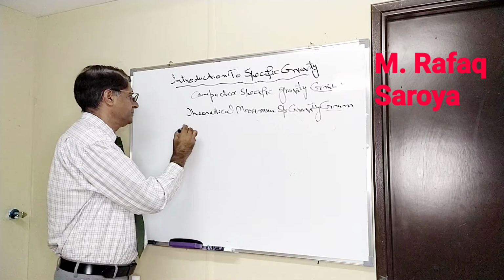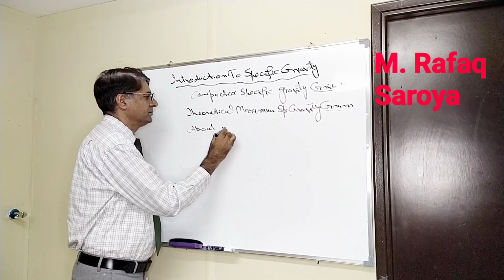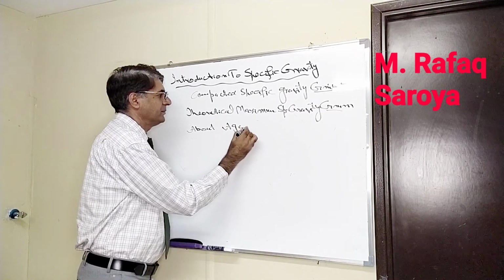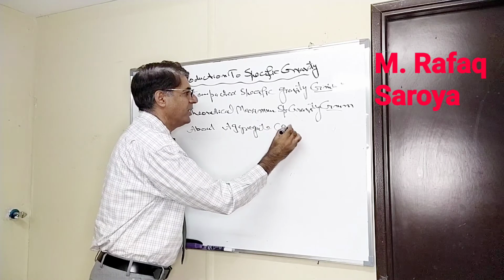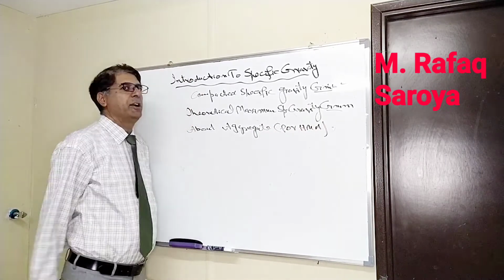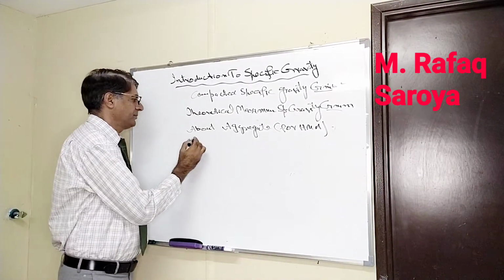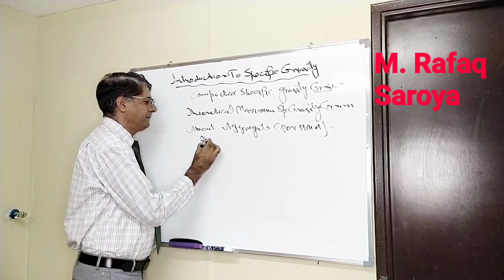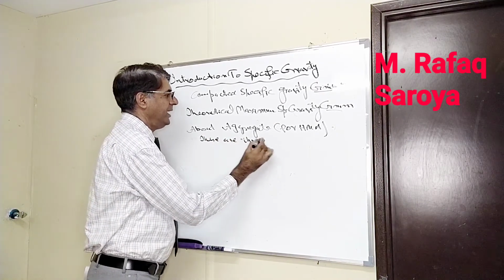But now about aggregate. For hot mix asphalt, how many specific gravities are there over here? So the answer is 3. There are 3 specific gravities.